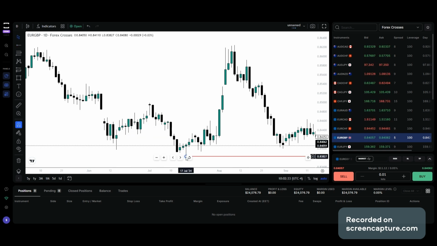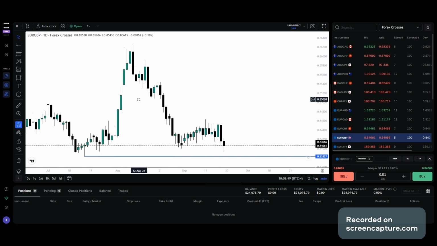And so since pound is the asset here, the second asset, it means as this entire forex pair goes down, that means pound is the stronger asset. So here we have an internal range liquidity to external range liquidity play.